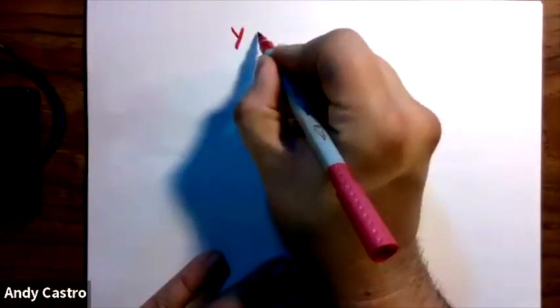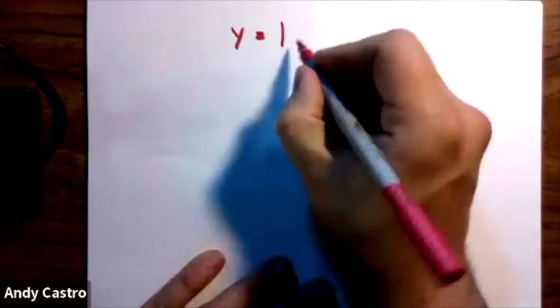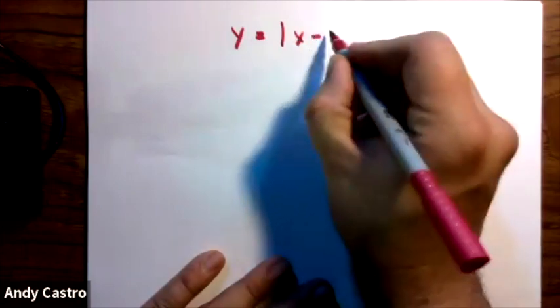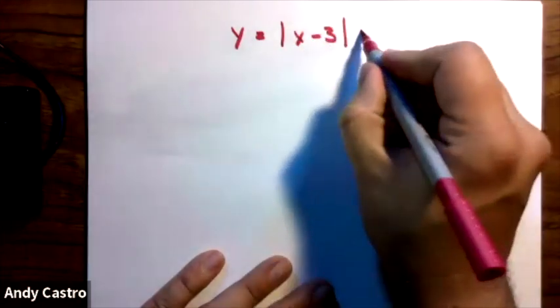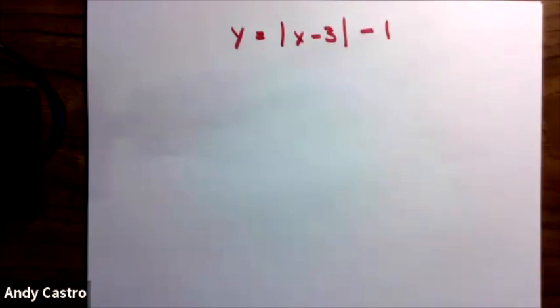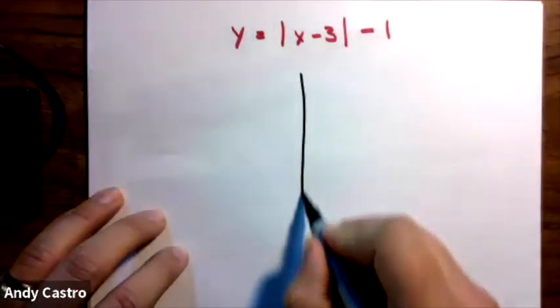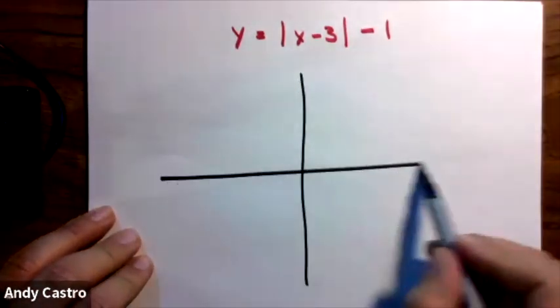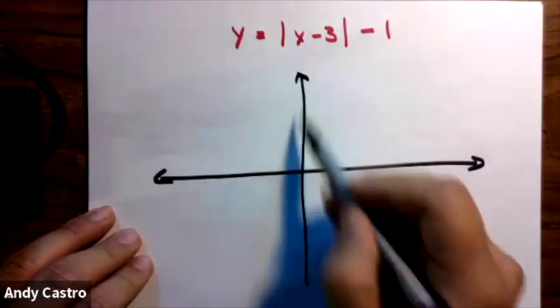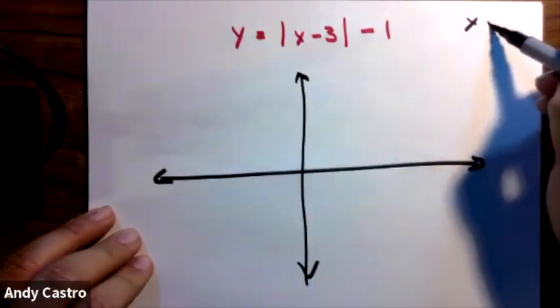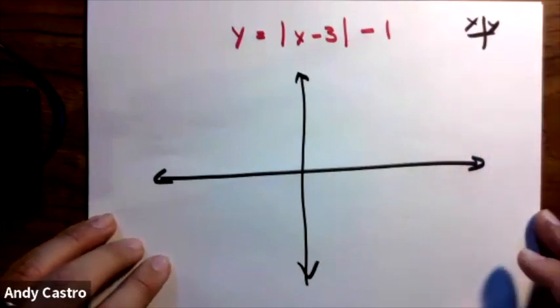Okay, let's do another one. Let's do y is equal to the absolute value of x minus 3 minus 1. Now, we can do what we've been doing, right? We can make a little chart of x and y, and you can do all your numbers.